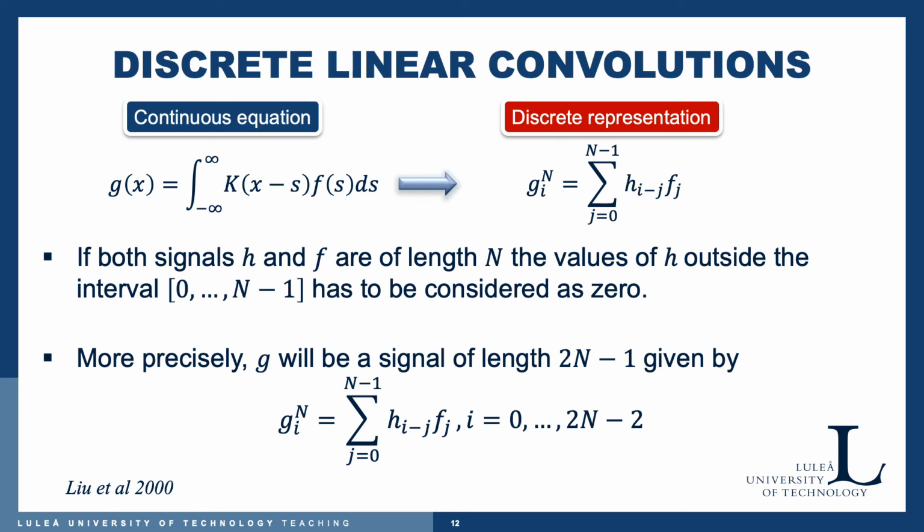So more precisely, we get g as a signal of length 2n minus 1, and it's then given by the sum from j equals 0 to n minus 1 of h of i minus j times f of j, and then for all the i's from 0 to 2n minus 2.